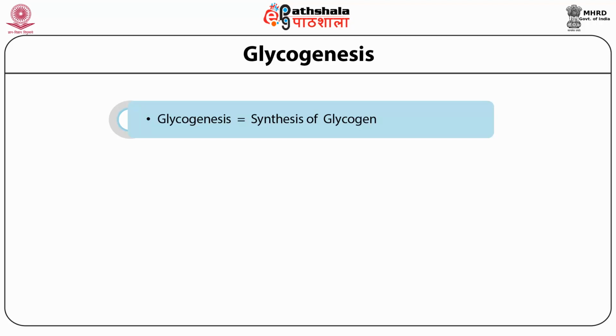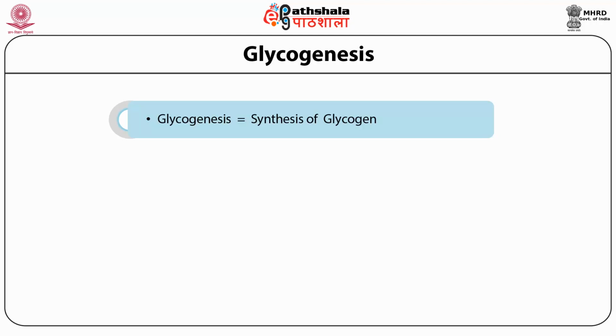Glycogenesis is the process of glycogen synthesis in which glucose molecules are added to a chain of glycogen for storage. This process is activated during rest period following the Cori cycle in the liver and also activated by insulin in response to high glucose level.